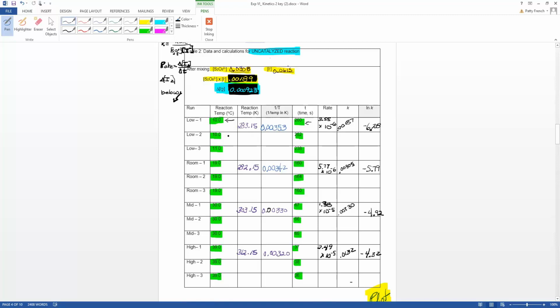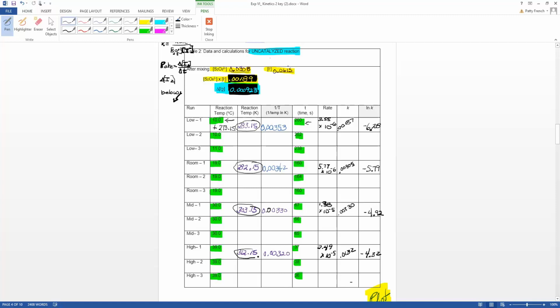We need to do some data manipulation before we can do anything about finding a curve or a graph and finding the activation energy. So first of all, I need to take the reaction temperature from degrees C to degrees K, and that's just adding 273.15 to it, which is what I did in every single case here.